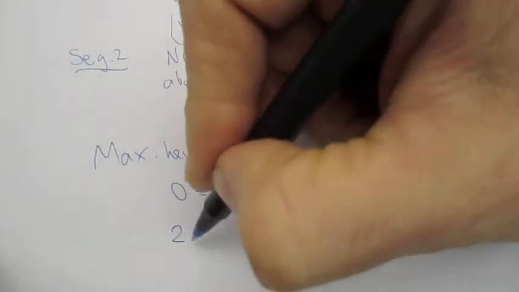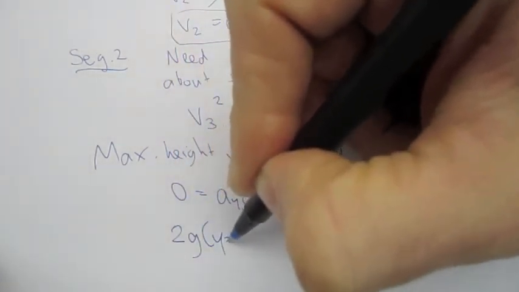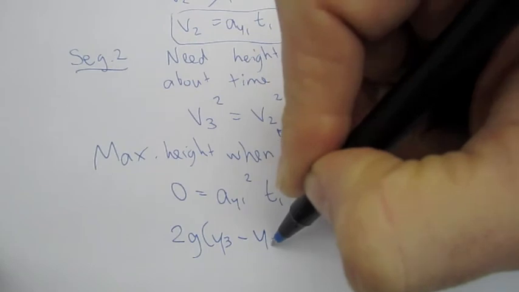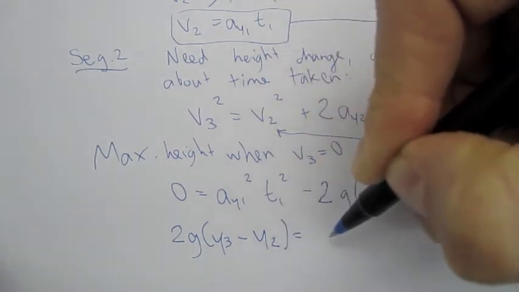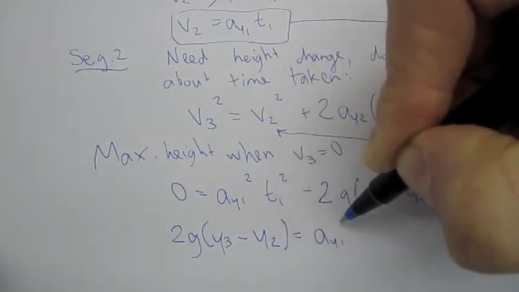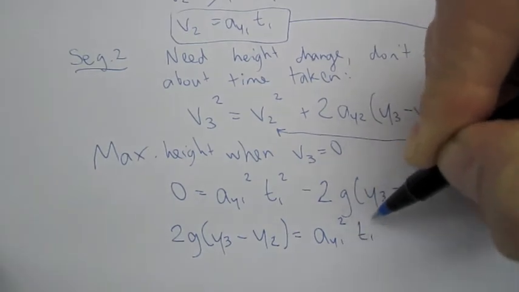Solving for that, we've got 2g times y3 minus y2 equals ay1 squared times t1 squared.